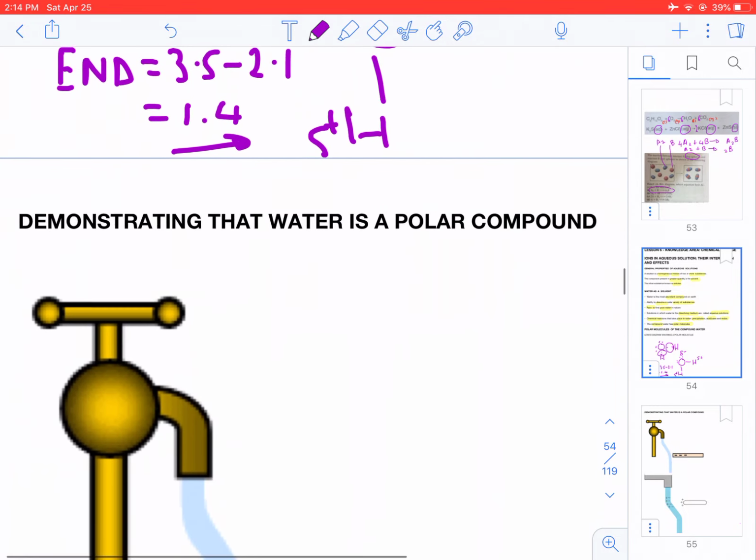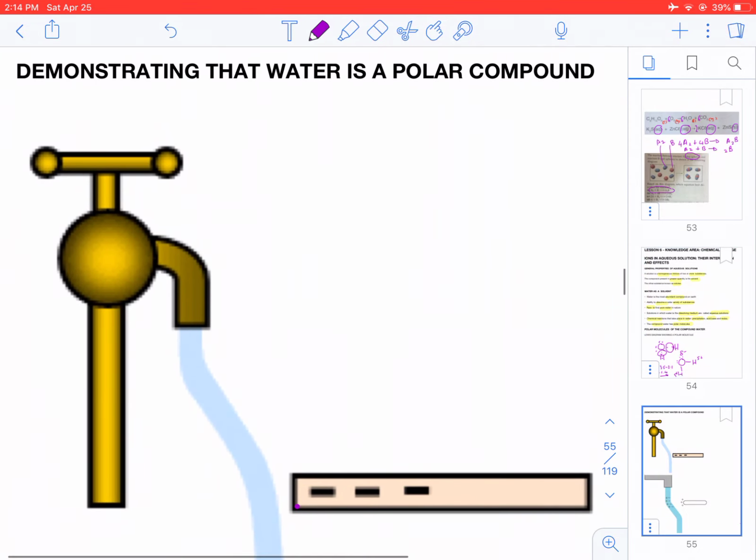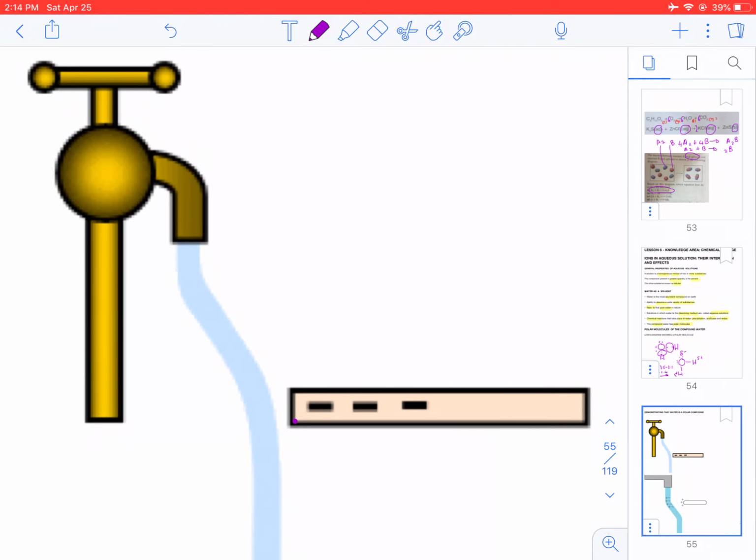So let's look at this. Here we have a tap with running water. Let's say you have a comb and you rub the comb through your hair. If you bring the comb or a plastic ruler near the water, you find that the water gets attracted to the ruler or comb.